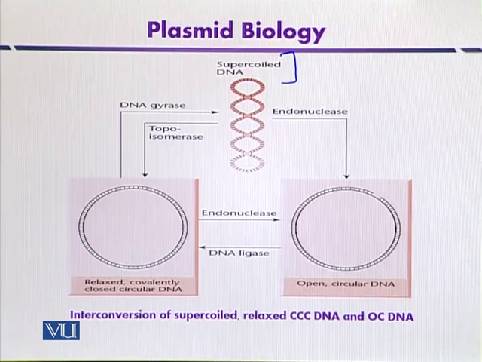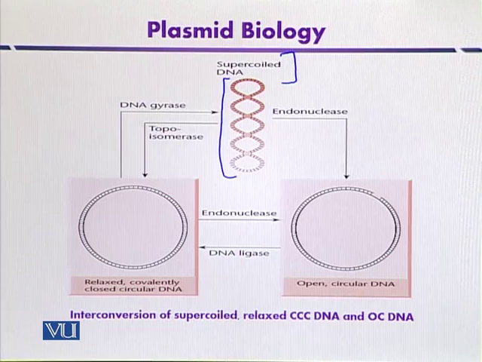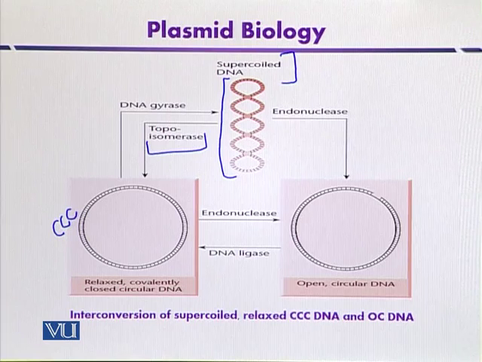This supercoiling is naturally present in the bacteria. It can be converted into covalently closed circle DNA, or cccDNA, when we treat it with enzymes like topoisomerases, so that relaxed or covalently closed circle DNA is produced.